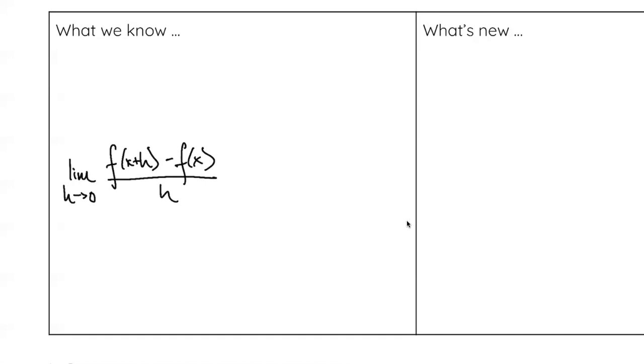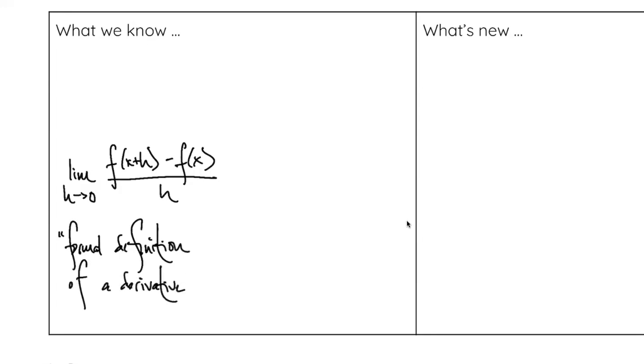It was sort of a strange gap between looking at limits on graphs and then looking at this, and then all of a sudden moving to derivatives. But this right here is what we call the formal definition of a derivative.